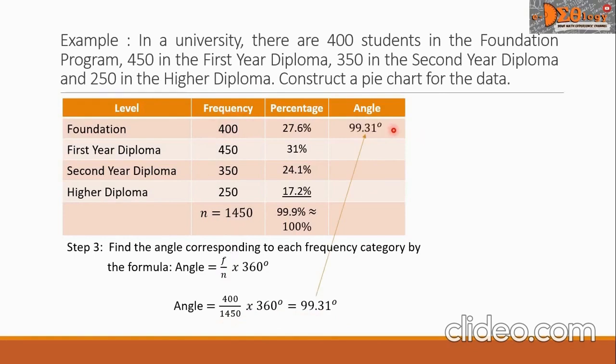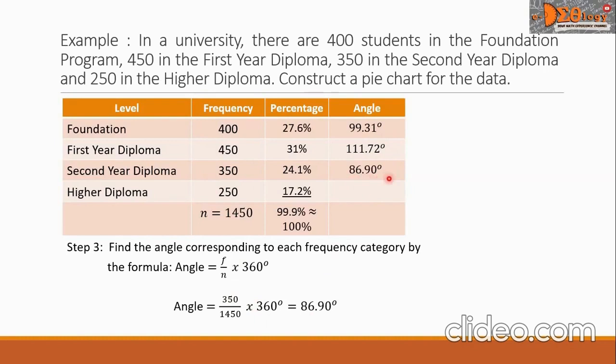So we have now this 99.31 degrees. Next, for this blank, we will follow the same formula. So we will get 111.72 degrees. We will get this when we have 450 divided by the N, 1450 times 360 degrees. So the value is here. The next is 86.90 degrees.